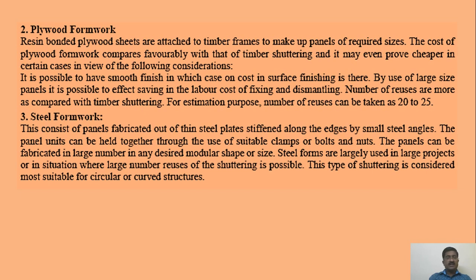The panels can be fabricated in any desired modular shape and size. Steel forms are largely used in large projects or in situations where a large number of reuses of shuttering is possible. This type of shuttering is considered most suitable for circular or curved structures.